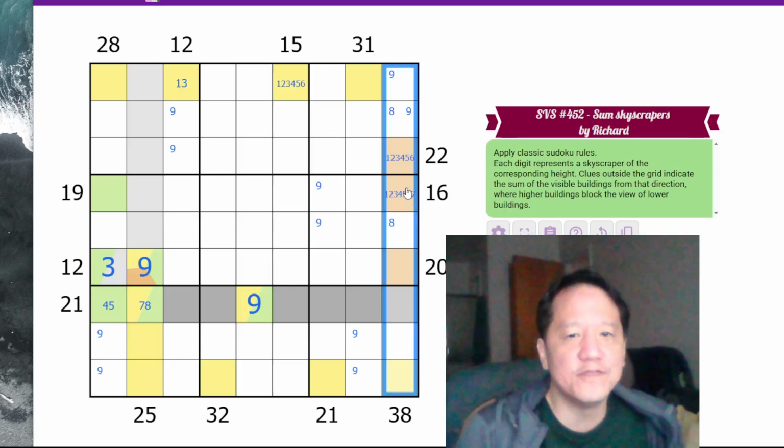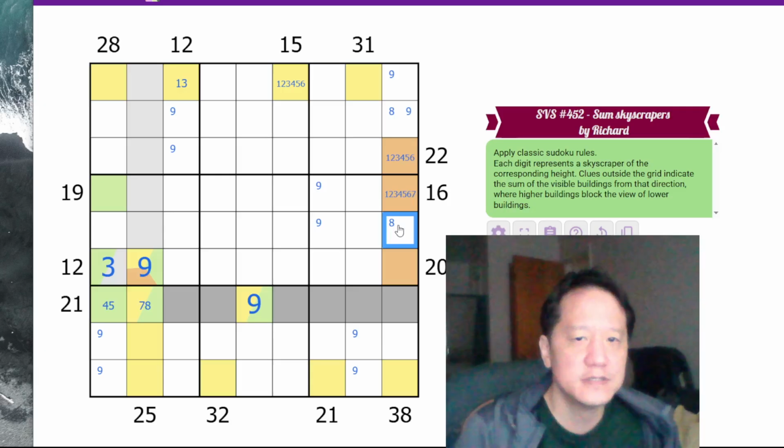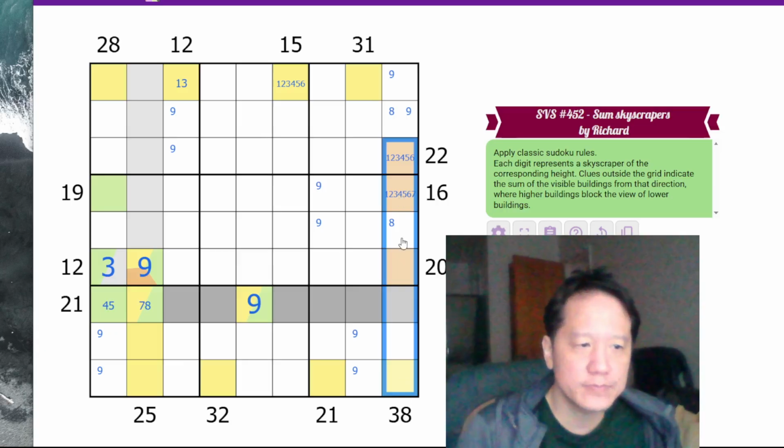And the only way it could be behind an 8 or 9 is if this is 8 and one of these is 9. Right? If this is 8 and 9, 7 can't be behind it, and then it would be seen. So that would mean 8 would have to be here, and then 7 would have to be one of these. But then one of these cells would not be seen, so the 7 along with that is seen, guaranteed.